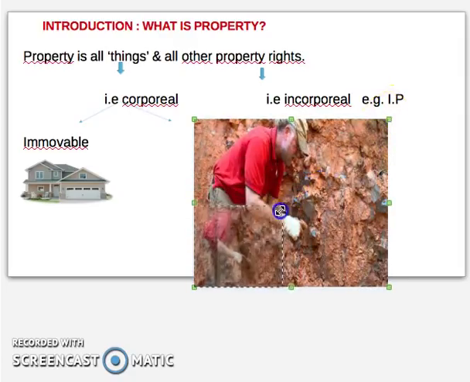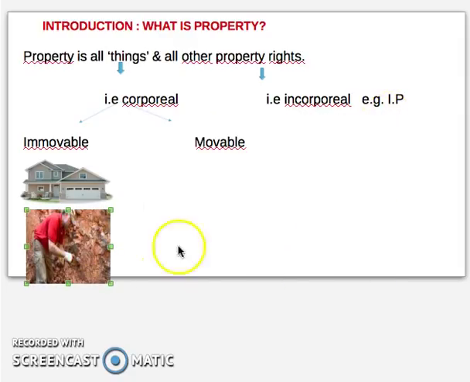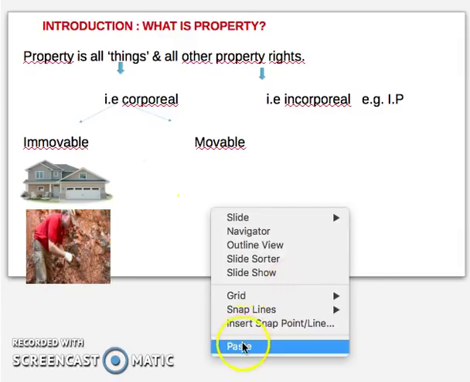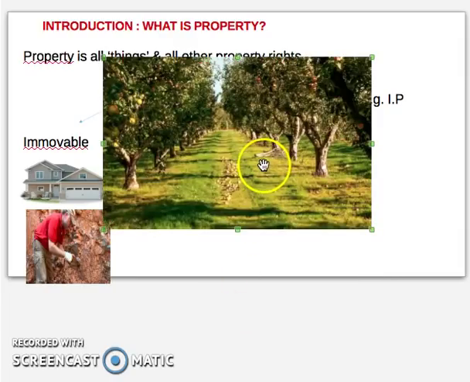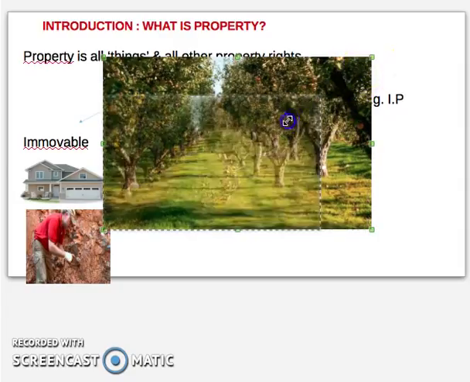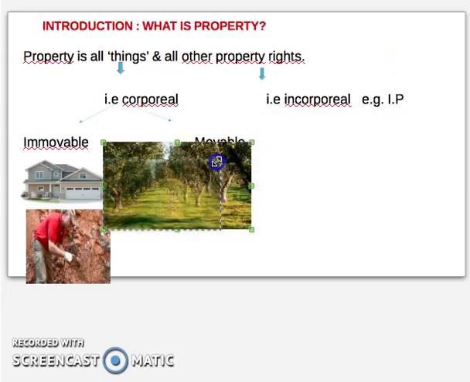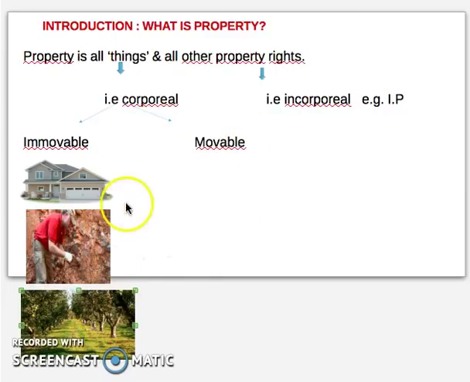So all the minerals that are still in the ground are immovable property. And another example is land. So land and trees, all these things are considered to be immovable property. So basically things that are tied to the ground that you cannot easily move.